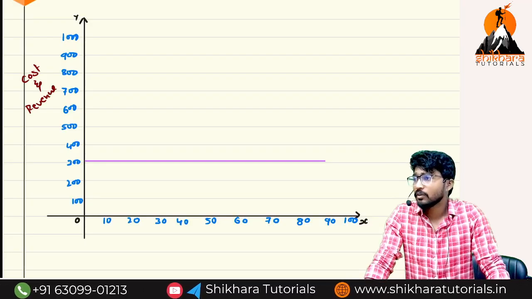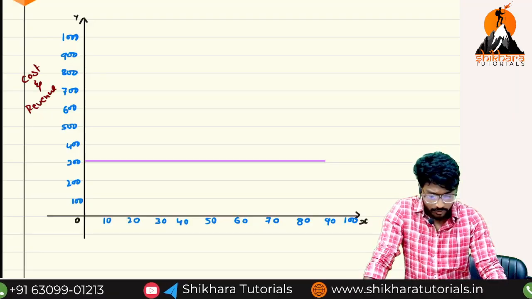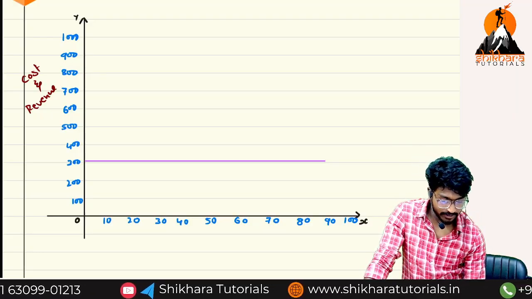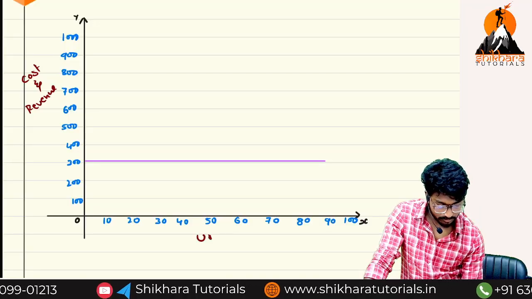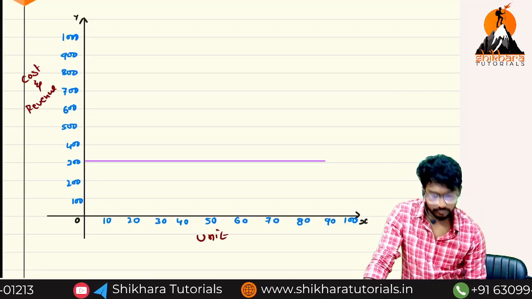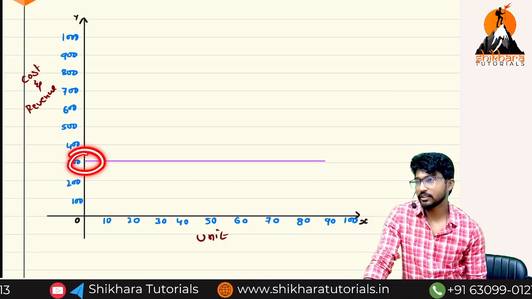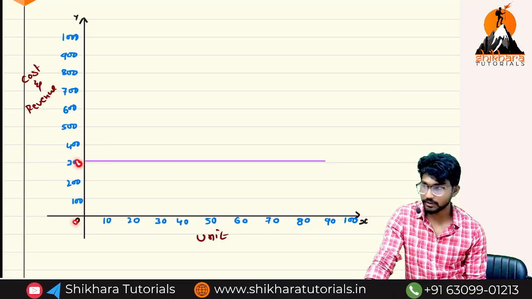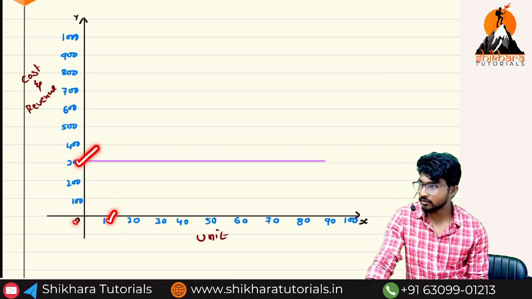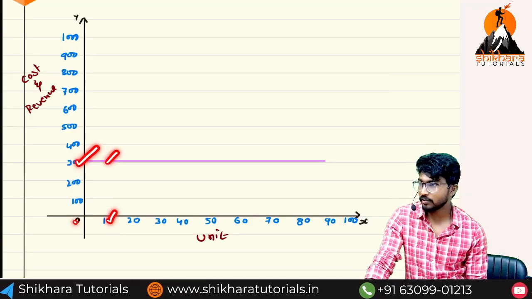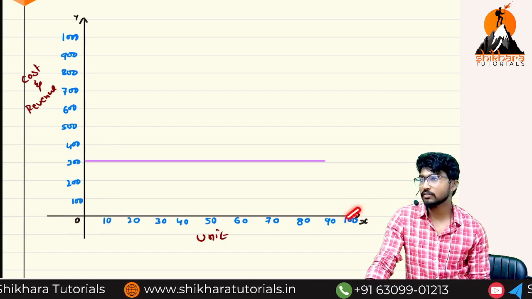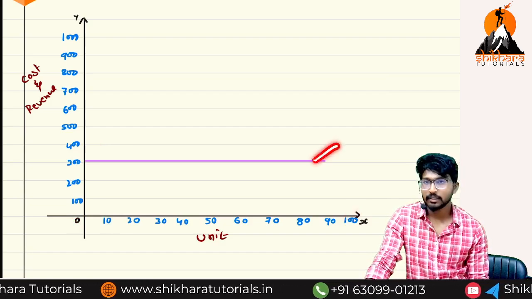On the X axis we are taking units. Now fixed cost is constant. If you produce 0 units, your fixed cost is 300. If you produce 10 units, your fixed cost is 300 only. If you produce 100 units also, your fixed cost will be 300 only.